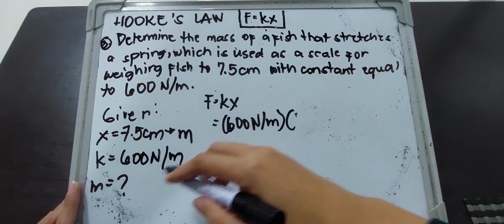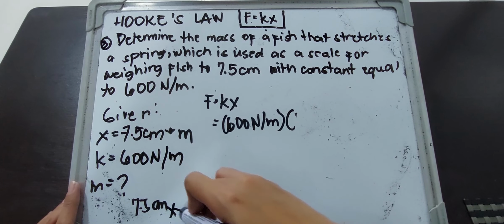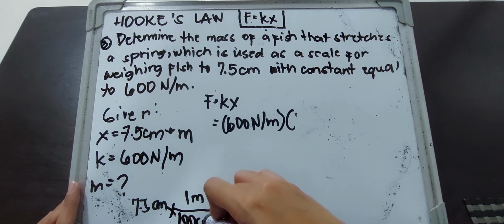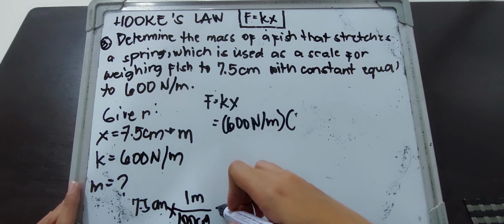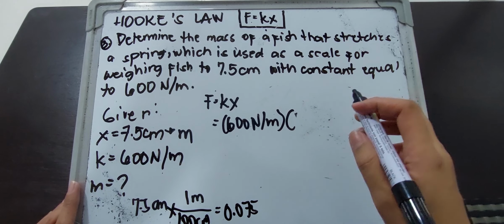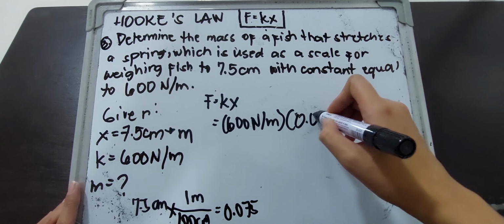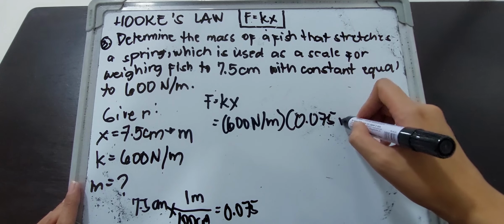So 7.5 centimeter times in 1 meter, we have 100 centimeters. So our answer is 0.075 or 0.08. But let's use 0.075 para mas accurate.